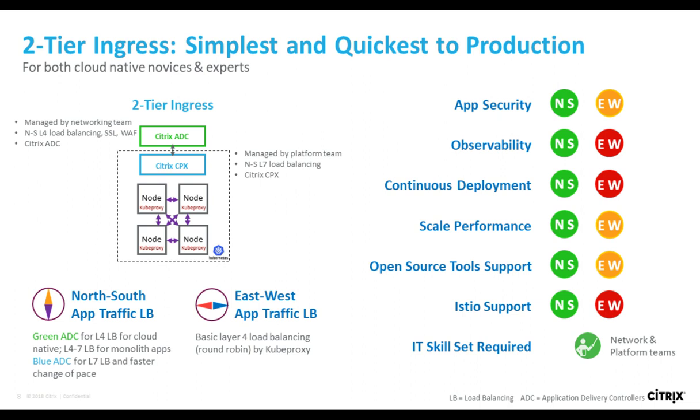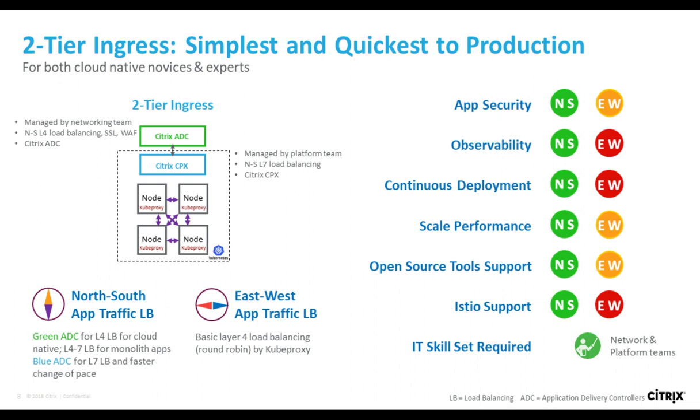It can only do round robin load balancing between the nodes. If you're looking at advanced load balancing between your microservices and canary deployment, it simply doesn't have those capabilities.